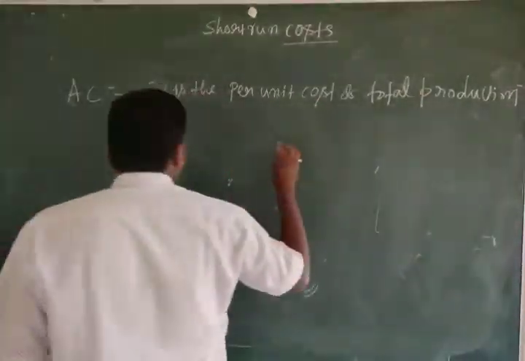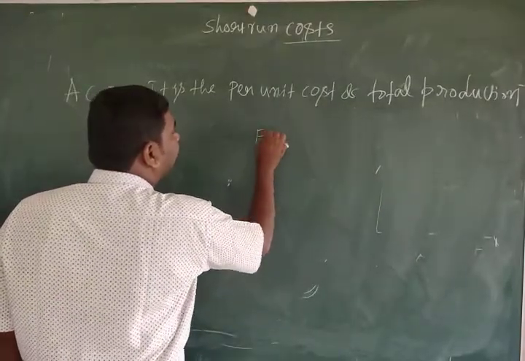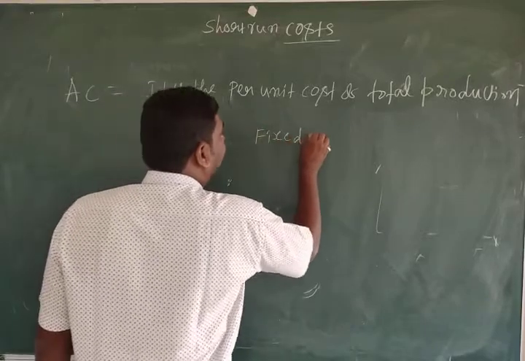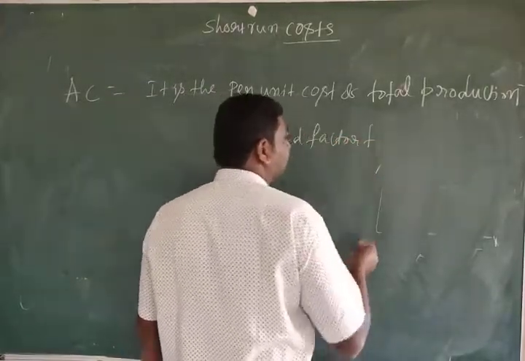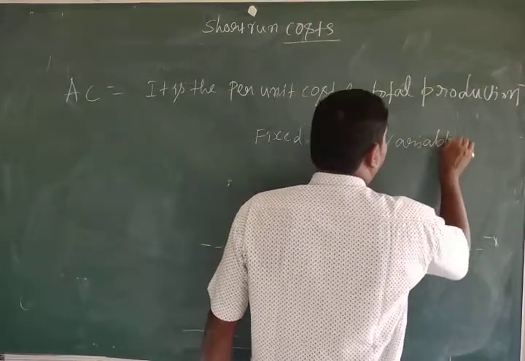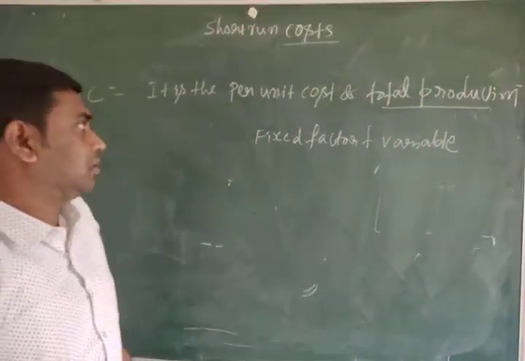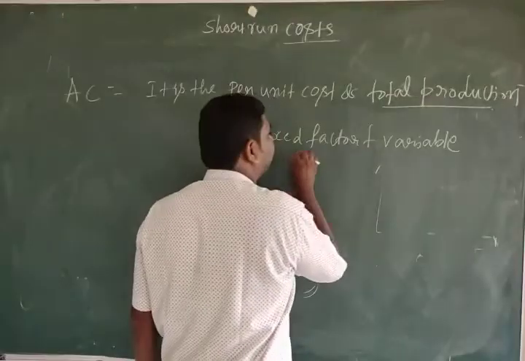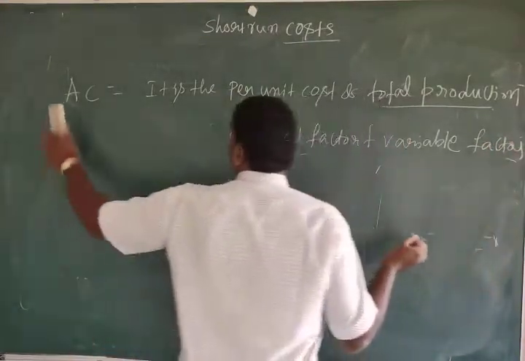Total production means how much we are expensing on fixed factor plus how much we are expensing on variable factor in the total production. So that is called average cost.